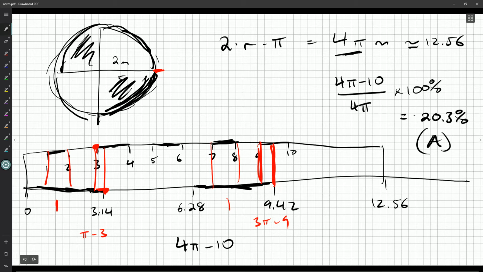And there we go. So not so bad. What were the main ingredients? Well, we needed to understand how exactly the wheel was going to have its shaded part come in contact with the road. So it starts shaded, then a gap, and then another shaded. And then we had to compare to how the road works. So I think drawing this number line is probably the nicest way to do it.